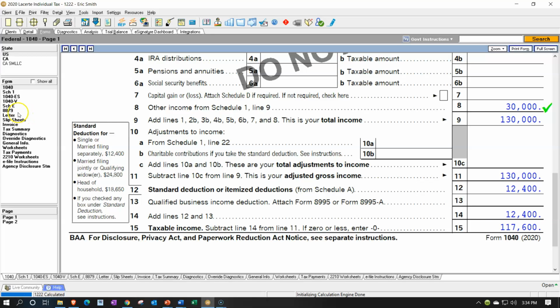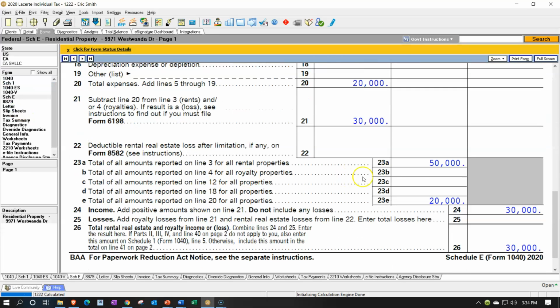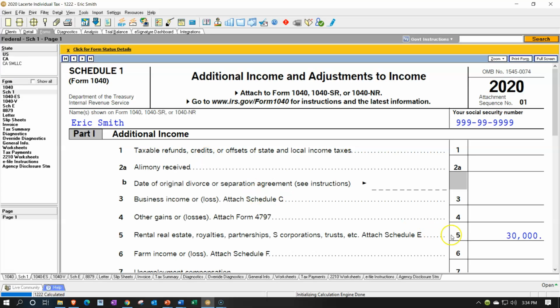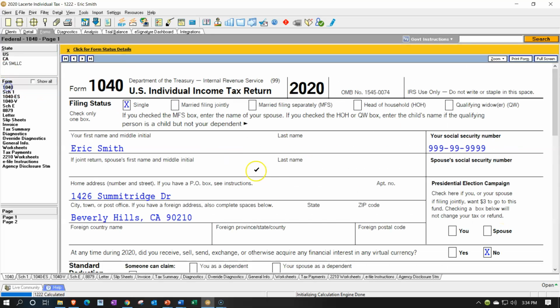Now we then see the Schedule E is going to be here, and we currently have at the bottom line 30,000. That's going to be the income. That's what's rolling in then to the Schedule 1. Schedule 1 is coming from the Schedule E, as we can see here on line 5. That rolls down to line 9, which then pulls over to the 1040.